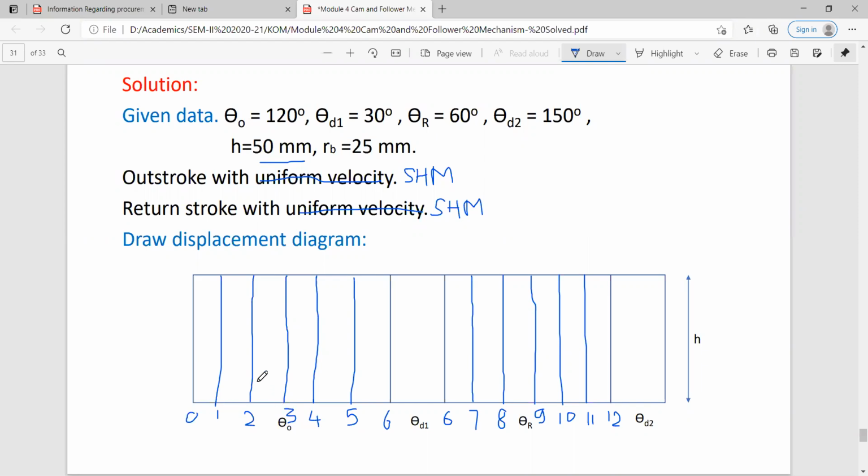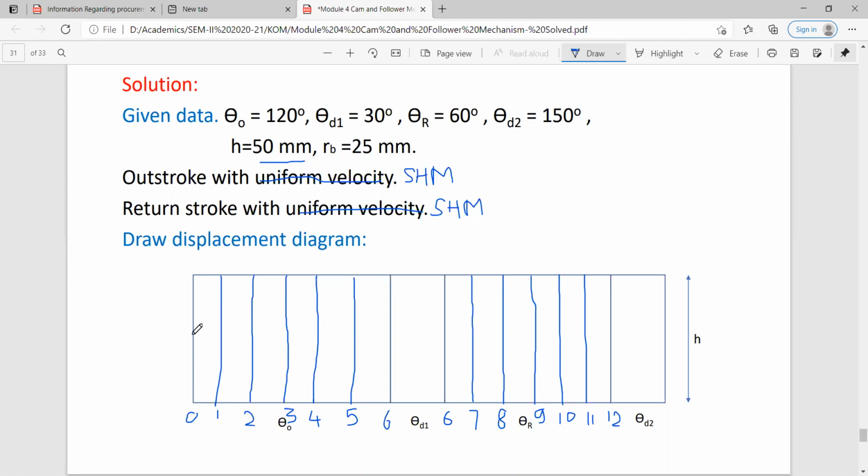In case of uniform velocity or constant velocity, you just join the lower corner with the right upper corner diagonally. It was so simple in case of uniform velocity. But as given to us is simple harmonic motion, what is the method of construction?